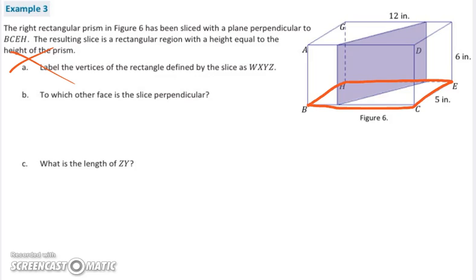Well, if it's perpendicular to the bottom, I hope you're starting to realize that it has to be perpendicular to the top as well, the opposite side.